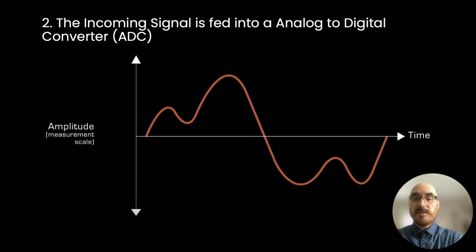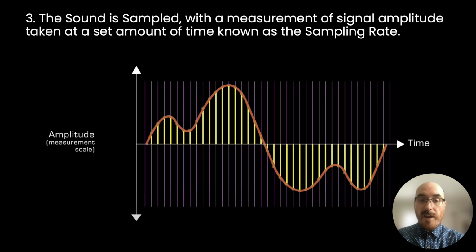So here's the signal coming into your interface, right? You've got your microphone. Here's my microphone here. I've plugged it into my interface, and the first thing my interface sees is a wave, right? Then what happens is the sound is sampled. You set your sample rate at 44.1 or 48 kilohertz, and every second it's taking, we can think of them as pictures.